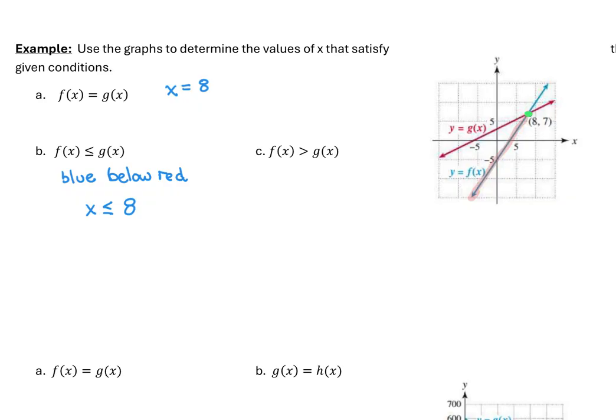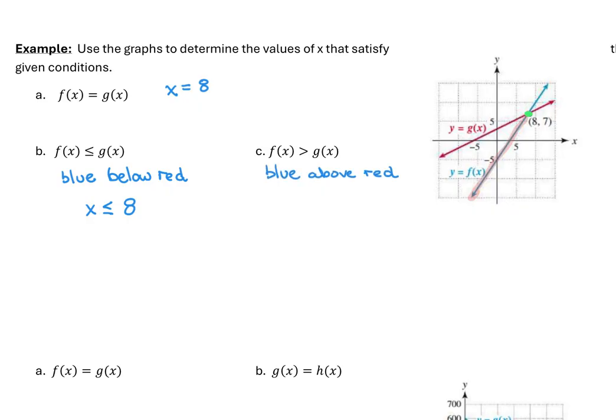For the last one, we want to know where f of x is greater than g of x. Again, we're going to translate this into colors. We have f of x as our blue. In order to be greater than, we want to be above g of x, which is our red.